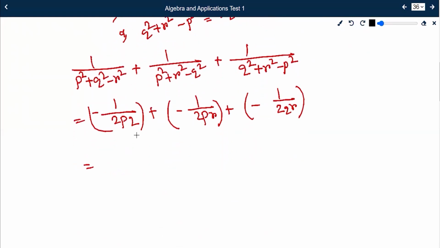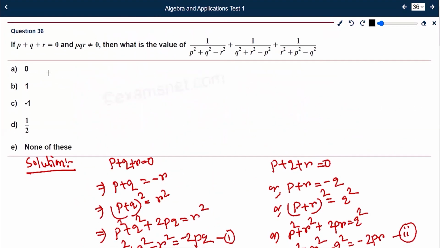Let's take all the minus common and do the LCM. So it becomes R plus Q plus P, right? Now, do remember what is the value of P plus Q plus R?